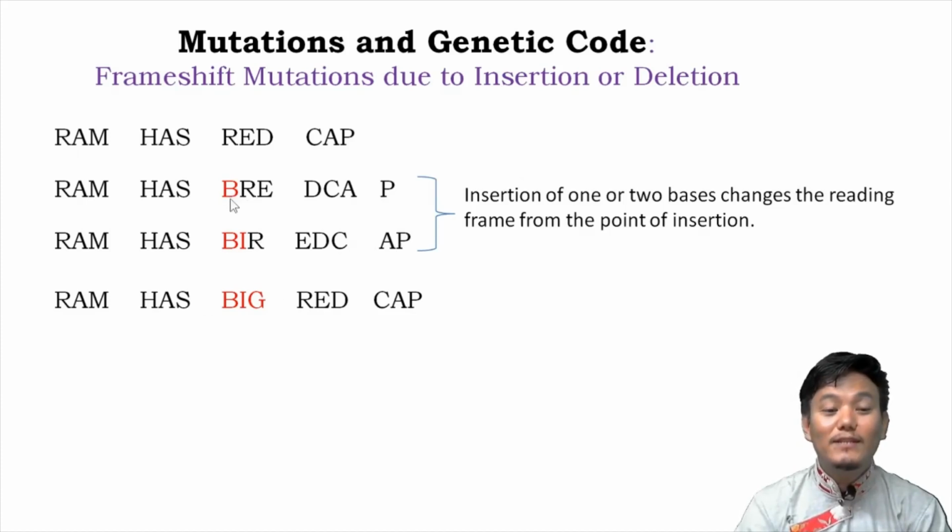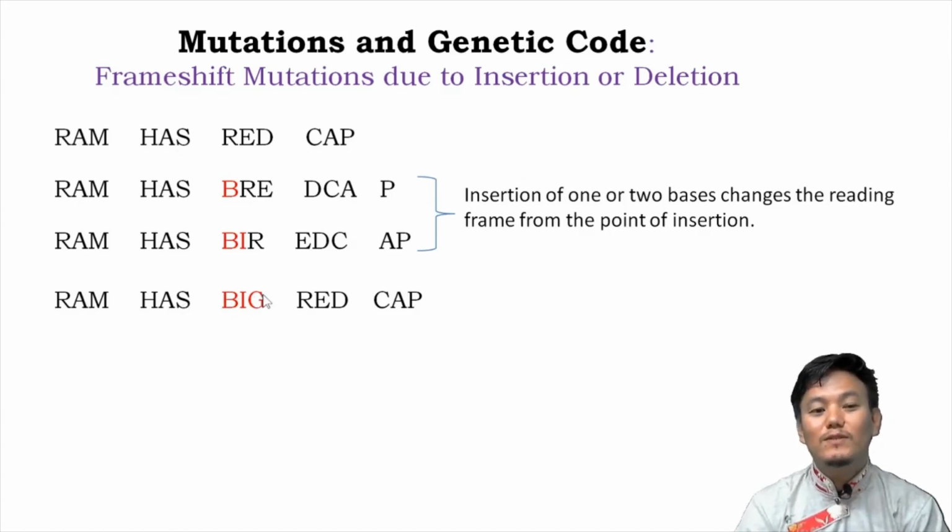But if we add 3 letters, say BIG, between here, right, what happens? Ram has is the same as the original one, the same meaning, meaning the same amino acids, 2 amino acids, and now there is insertion of 1 amino acid, because there is insertion of 1 codon, and the original red and cap amino acids will come back over here.